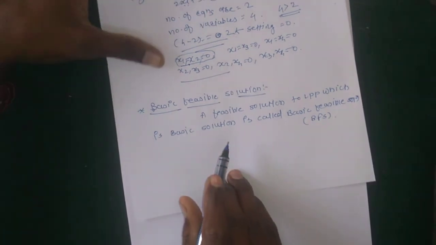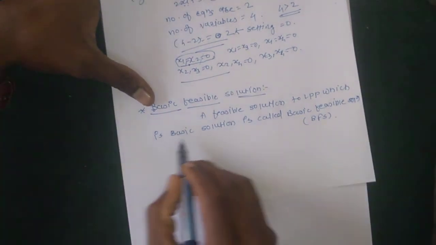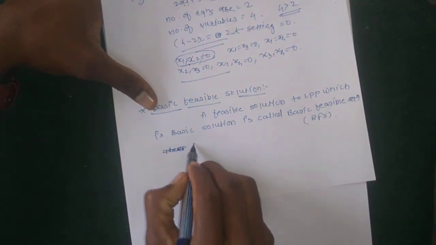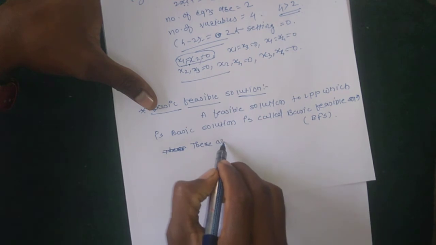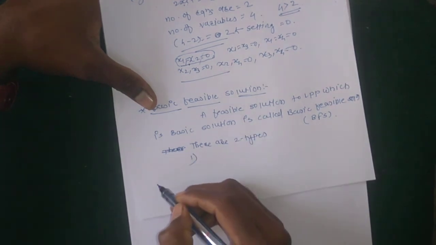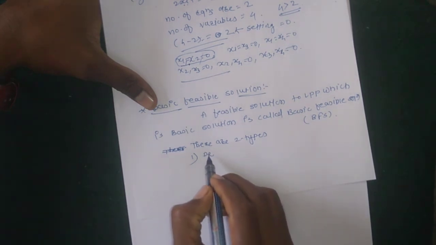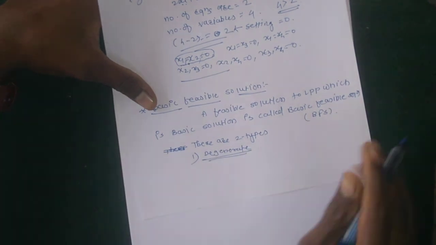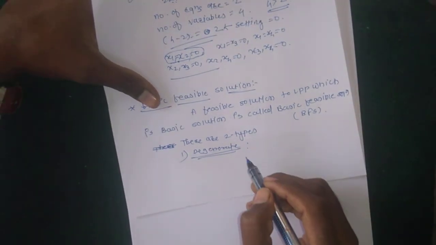Okay, so there are two types of basic feasible solutions. The first one is the degenerate basic feasible solution.